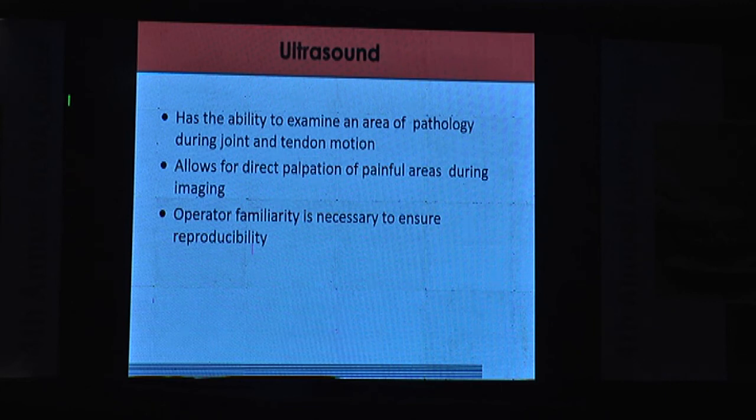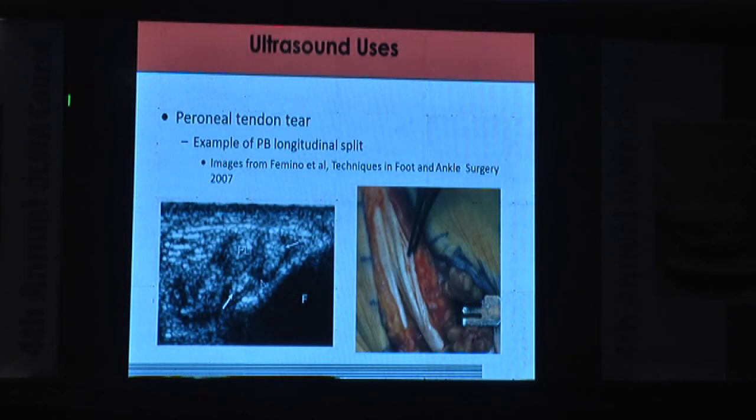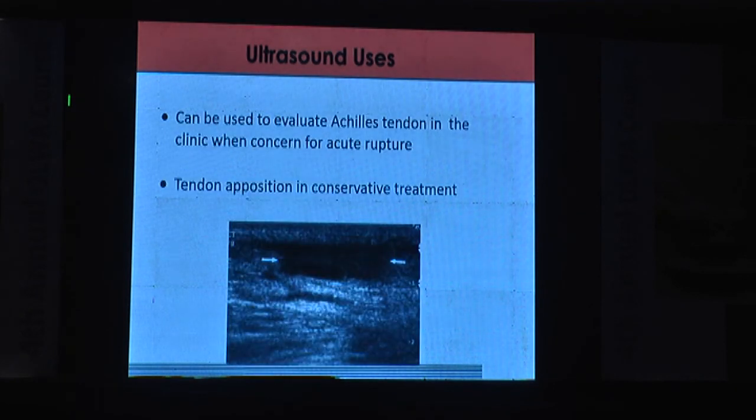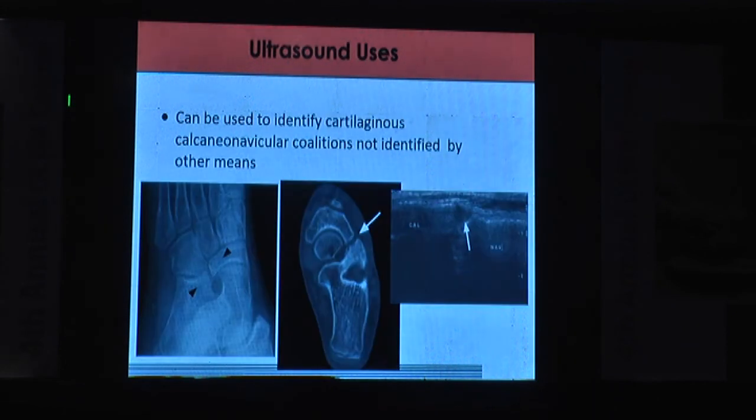Ultrasound has the advantage of being dynamic, but it is operator dependent, and tendons can be very well visualized, especially the peroneus brevis tears, the tendoachilles, and the peroneal instability and tendoachilles rupture. Especially if you're treating them conservatively, you can plantar flex the ankle and look at the gap of the tendoachilles closing in an ultrasound, and if there is apposition of the ends, then we can treat them conservatively.